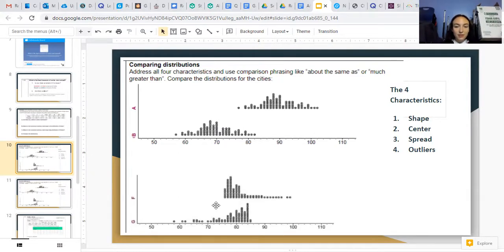So describing distributions using the 4 characteristics. If you were to describe the characteristics of F, just distribution F, you would say that the shape is skewed right because there's a tail off to the right. You would use median to describe the center of this distribution because the mean will be pulled up towards that tail.